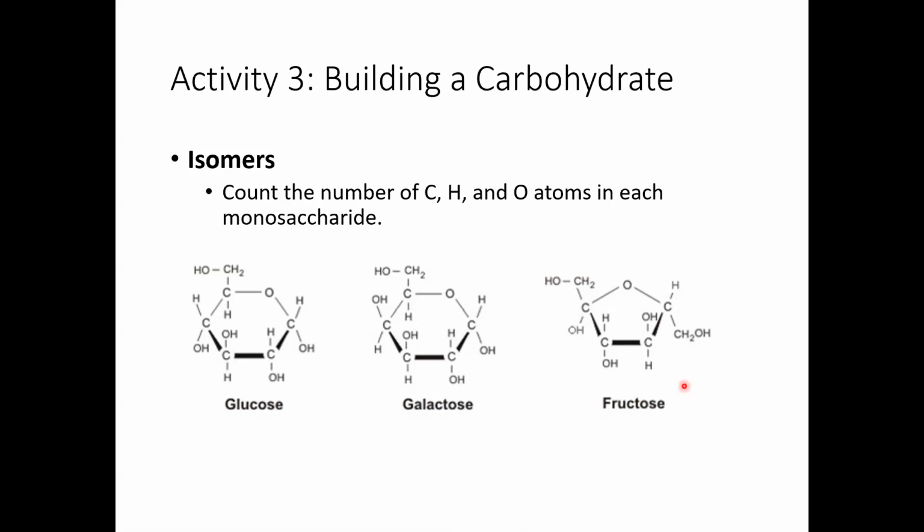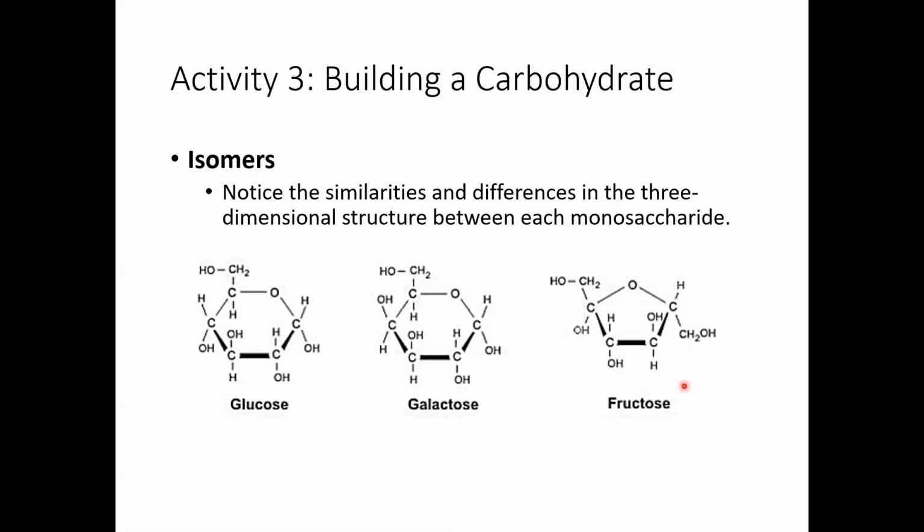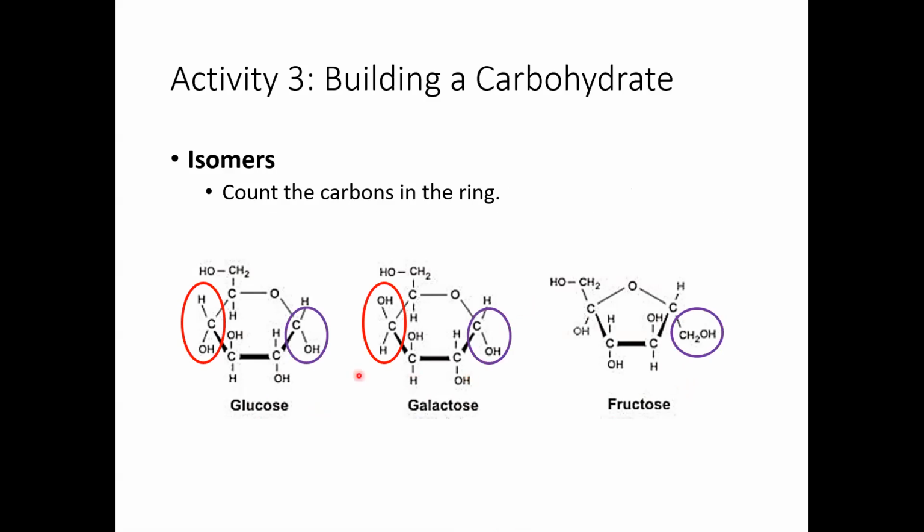However, when you look at the structures of these 3 monosaccharides, you see that the structures are very different. So as you can see, these are circled in red and purple for you to see these differences. So here we have our hydrogen on top, hydroxyl on the bottom. Here we have the hydroxyl group on the top, hydrogen on the bottom, and here we can see in fructose this different arrangement here.